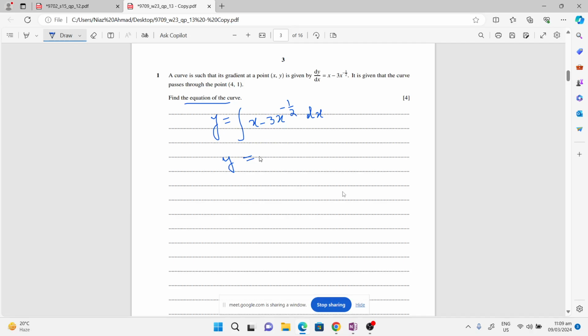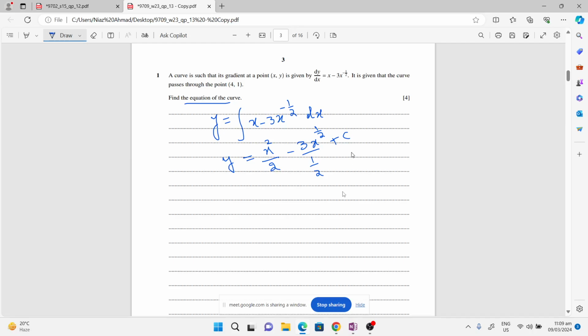You need to integrate with me. It would be x squared over 2 minus 3x to the power 1 by 2, divided by 1 by 2. And now I will add my c, the constant of integration.